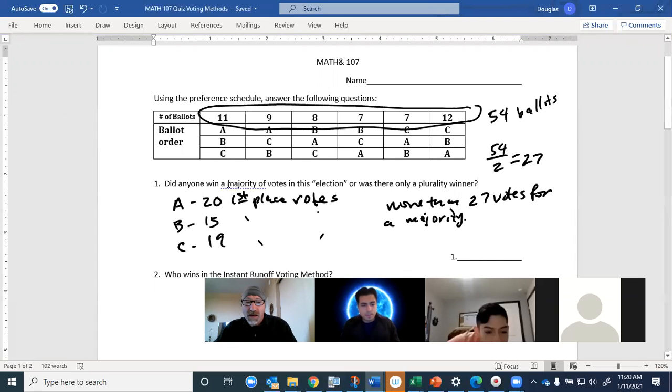So the answer to the first part is no, no one had a majority of votes, but the plurality winner would have been A. Does that make sense? No majority vote, but A is the plurality winner.